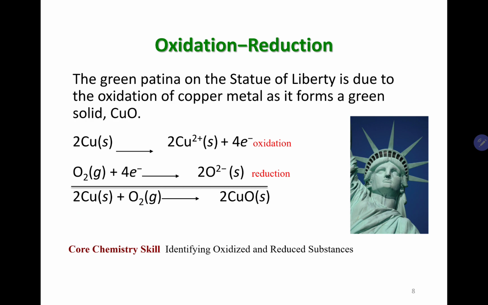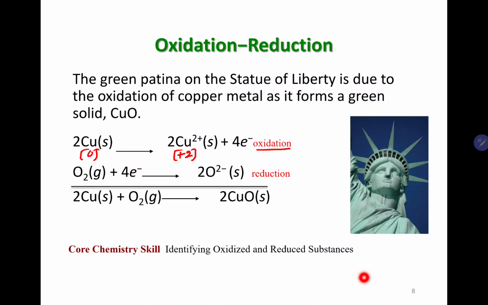Furthermore, in this slide I have shown you the details about the oxidation and reduction. As I mentioned earlier, copper metal has been oxidized because it is going from 0 oxidation state to plus 2 oxidation state. So your oxidation number is increased, therefore this is an oxidation.